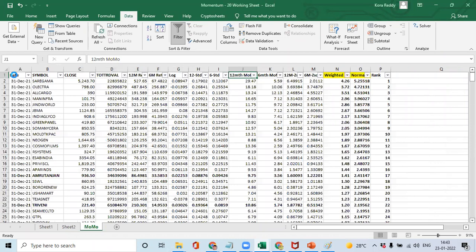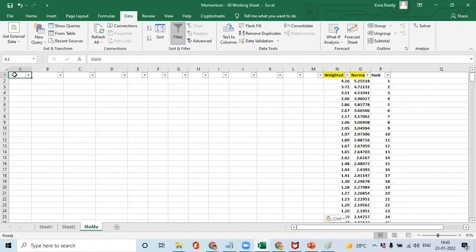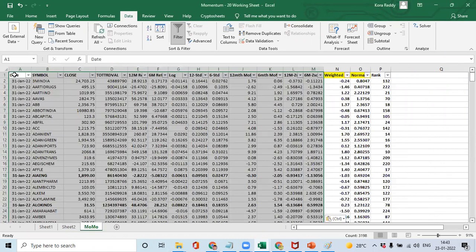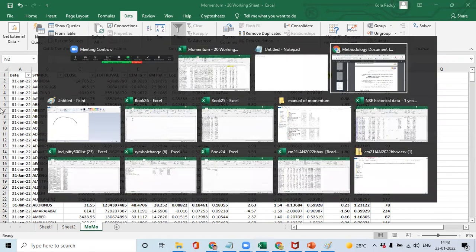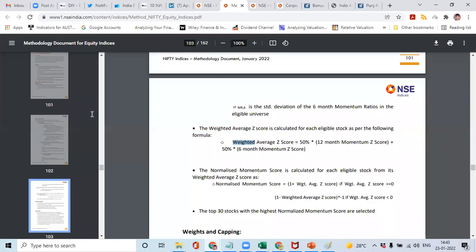I paste exactly all the formula. Now weighted Z score is 50% into 12 months and 50% into 6 months. That's what he says, right? 50% into 12 months and 50% into 6 months.